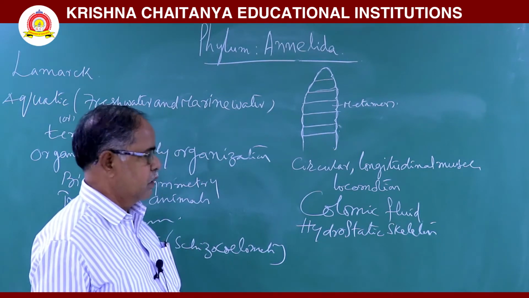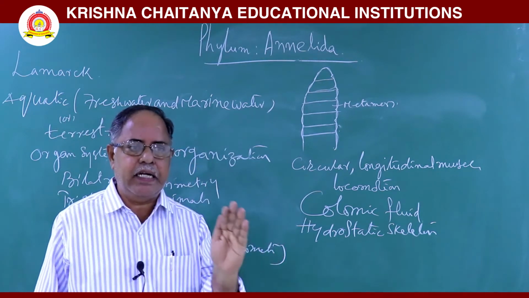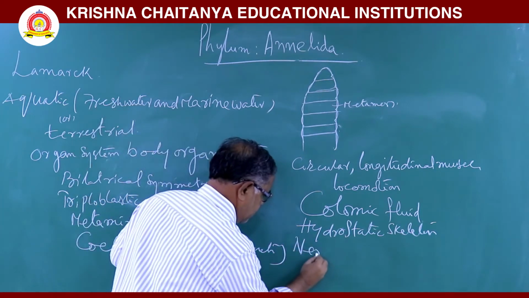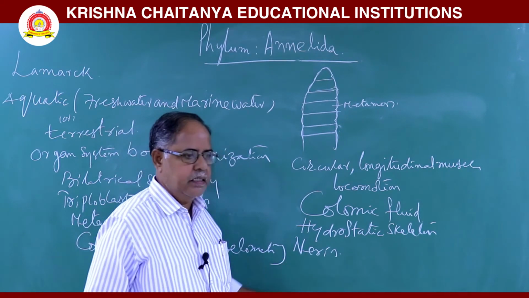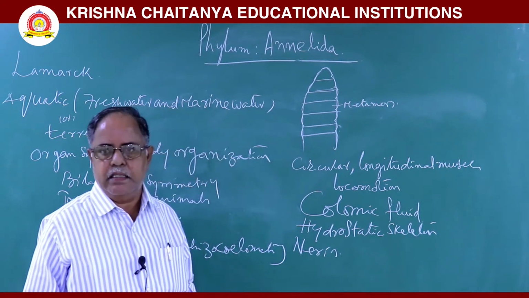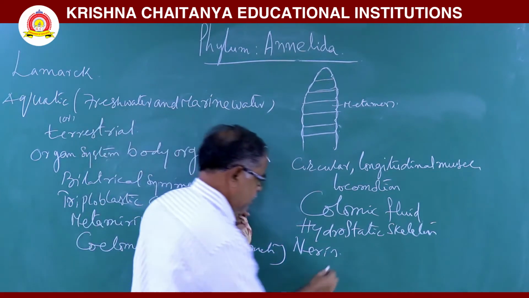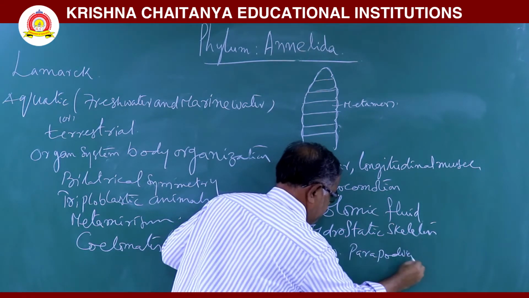Next, some aquatic annelids, for example Nereis, have parapodia.